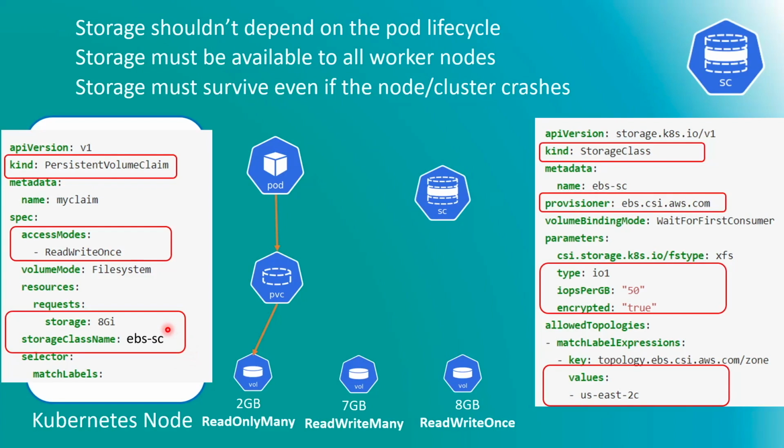The persistent volume claim will associate with the storage class, and the storage class will create the persistent volume for me dynamically using an EBS volume. That is how you manage the dynamic creation of your persistent volume at the time of pod creation.